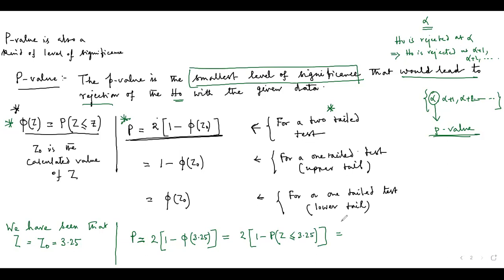I'm again asking any two students, either Indrajit or Vanshita or Aishwarya, anybody, please go to my class note 8. If you have downloaded it, in class note 8 I provided you with the normal table. From the normal table, try to get the value of this probability and write it in the chat box.